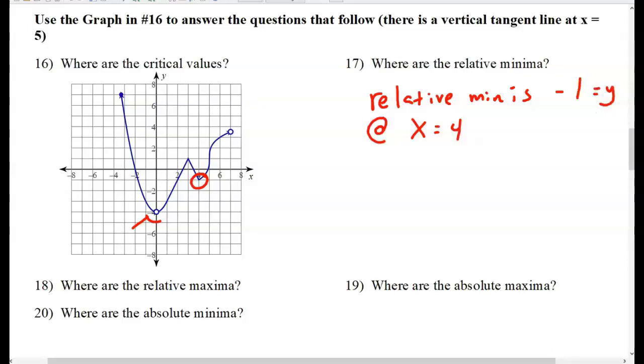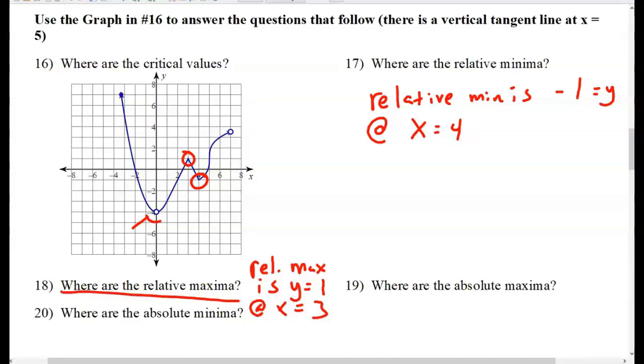Okay. All right. Now number 18 is asking a similar question. It's asking where's the relative max, and that would be right there. It's like the top of a hill, if you will. All right, so once again, you could say relative max is, and you're going to put the y value at x equals 3. Now, you don't have to say at x equals 3, because the way the question is asking, it's just asking what is the relative max.